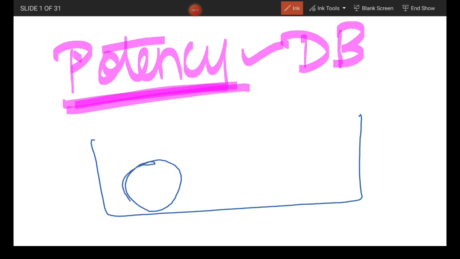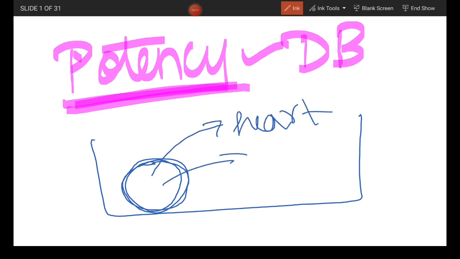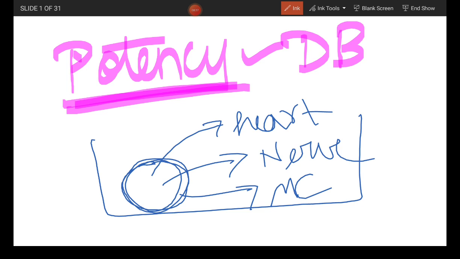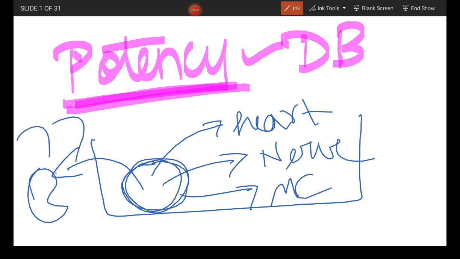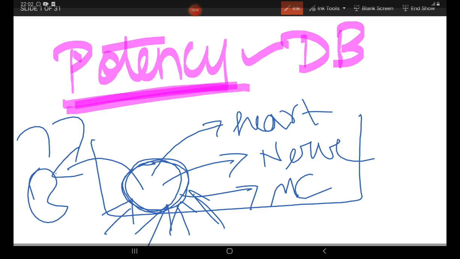This undifferentiated cell has the potential to become a heart cell if it is induced. It also has the fate to become a nerve cell, muscle cell, kidney, whatever, if it receives the appropriate induction signal.